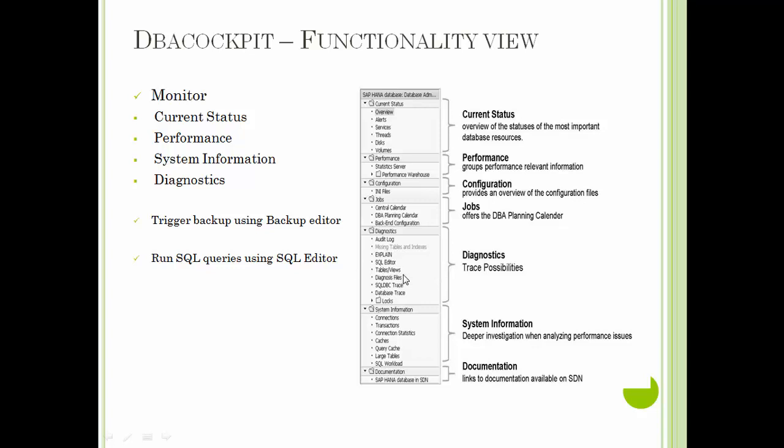And coming to SQL editor, again, you can see the SQL editor to execute the SQL statements, basically used for executing different SQL statements, and tables and views, where you can display a table view, a view or a monitoring view as well.